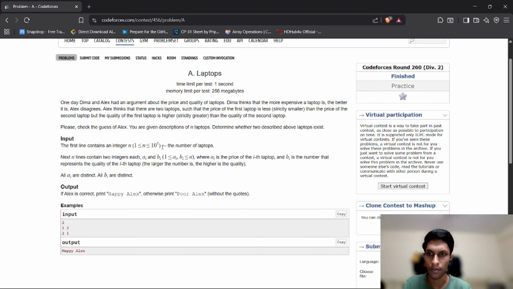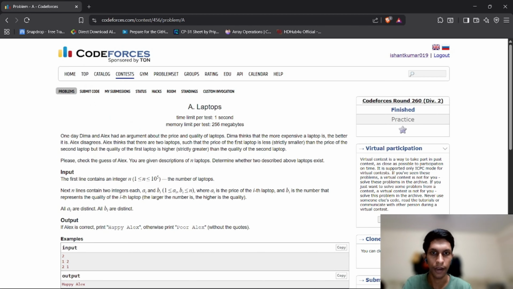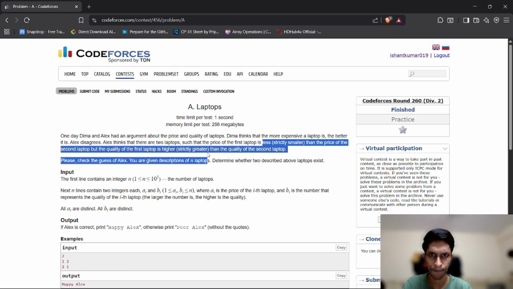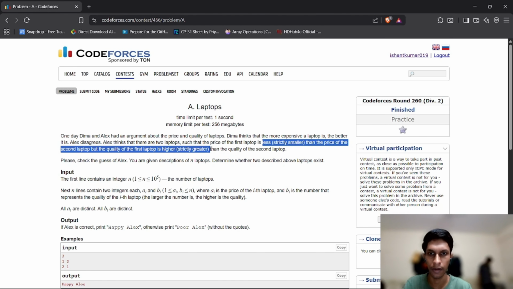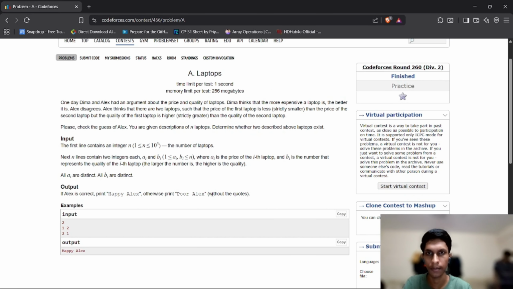As an output, we have to give "Happy Alex" if we find such a pair which satisfies this case. And if we do not find any laptops which satisfy this case, then we'll just give "Poor Alex".